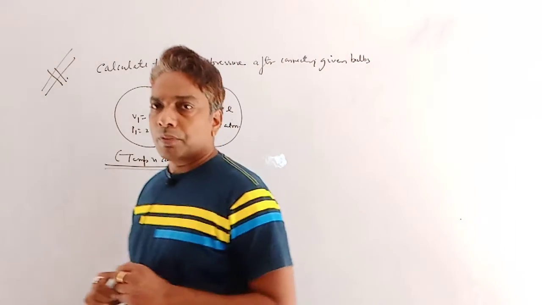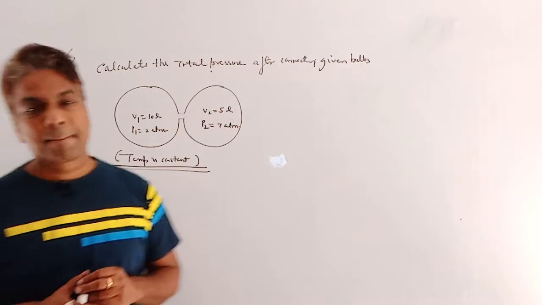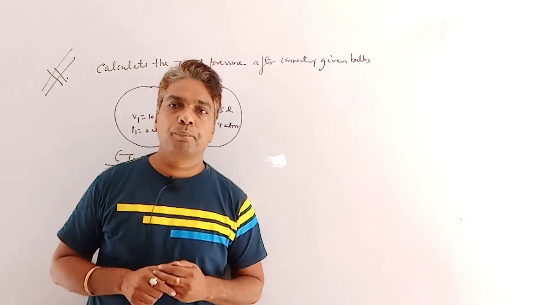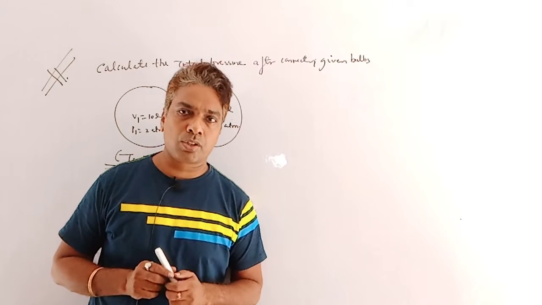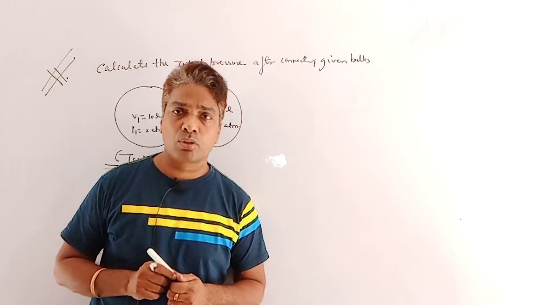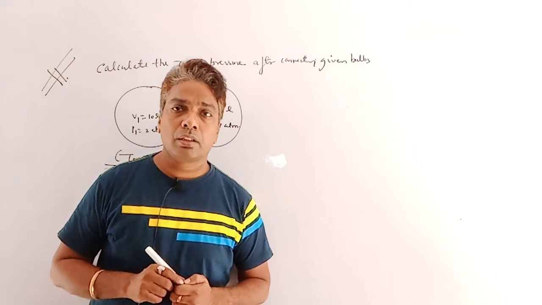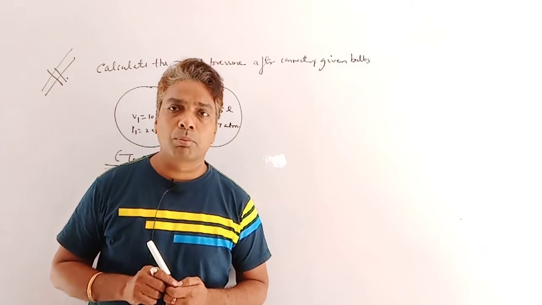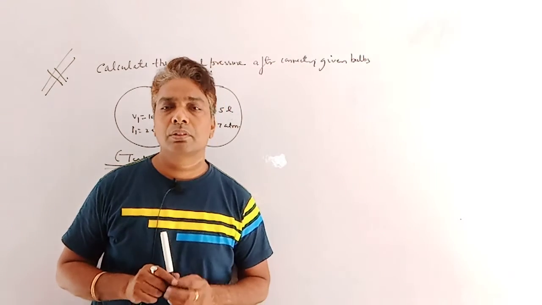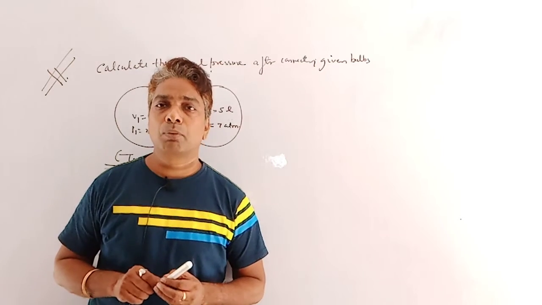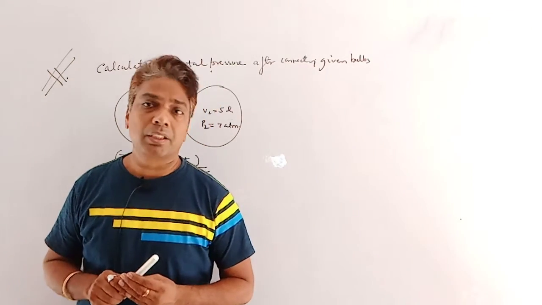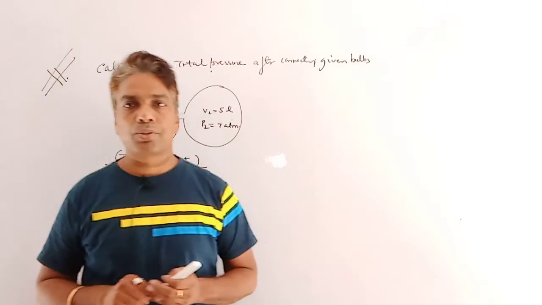This type of question, firstly calculate the moles in terms of pressure as well as volume and temperature also. Then after connecting, the total number of moles is the sum of the moles of both bulbs, and with the help of the total volume of the container we can easily calculate the total pressure.